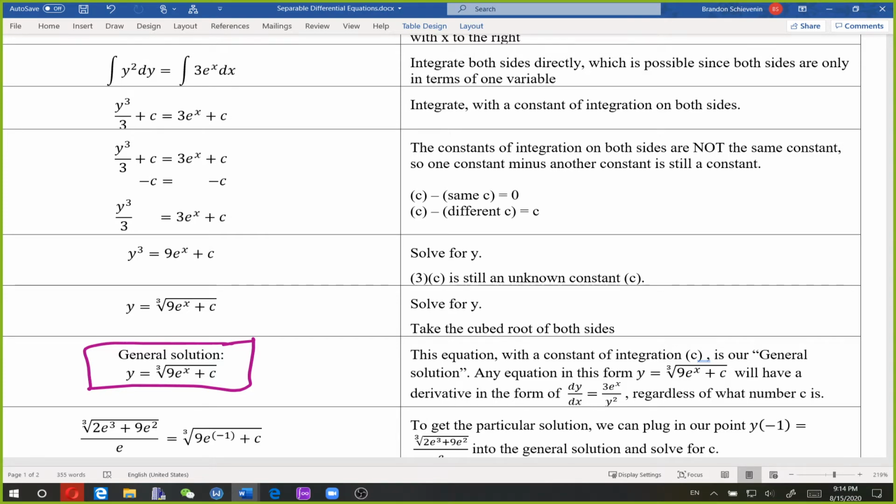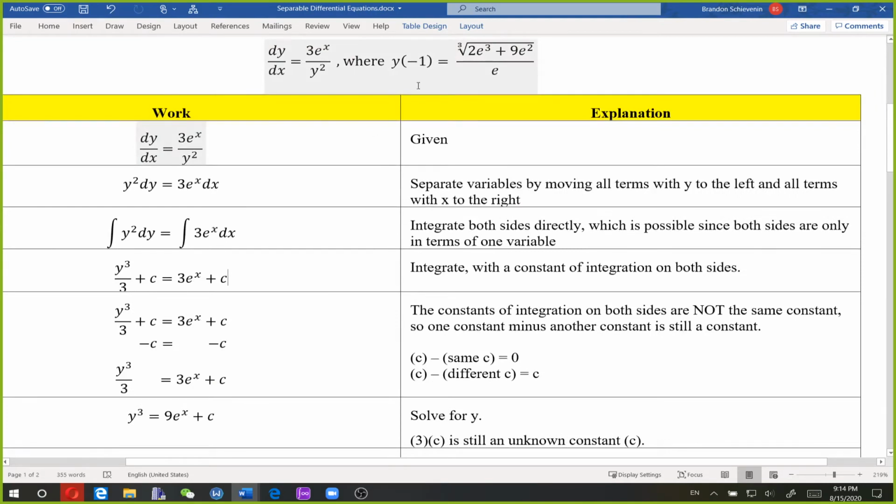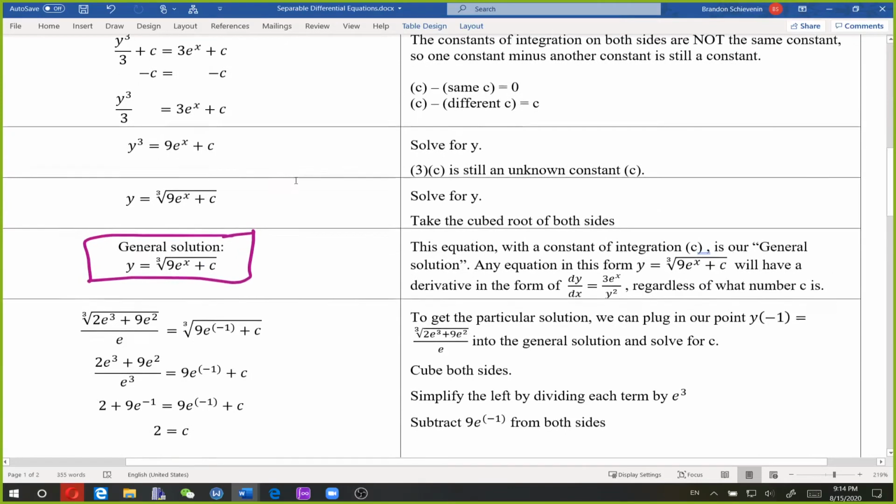So I'm going to take the point that they gave us. Y is the cubed root of 2e cubed plus 9e squared, all divided by e, when x is negative 1. And we'll plug that into our general solution to find our particular solution.